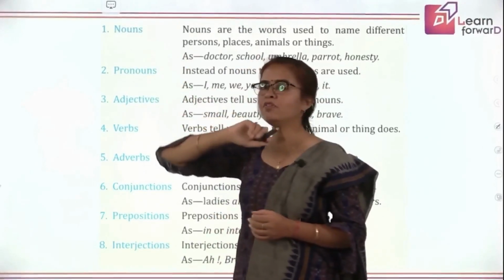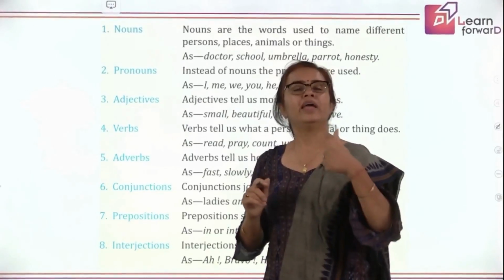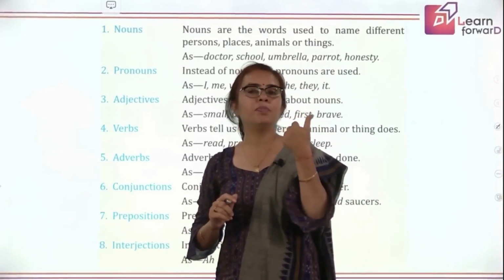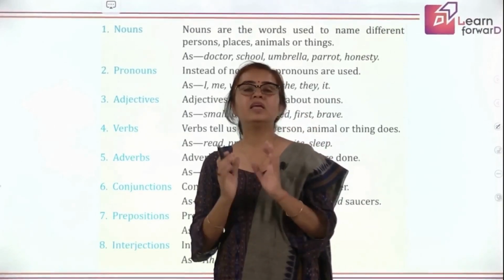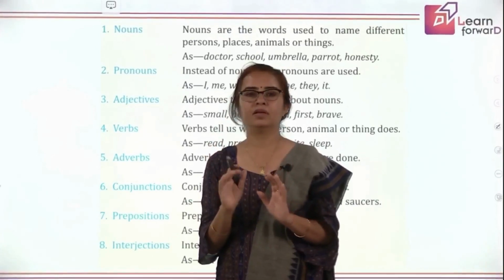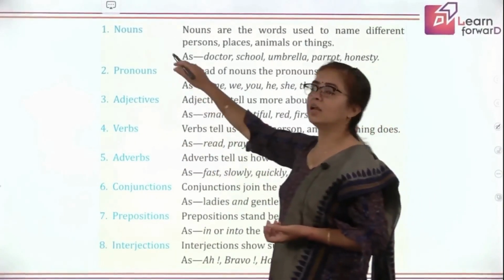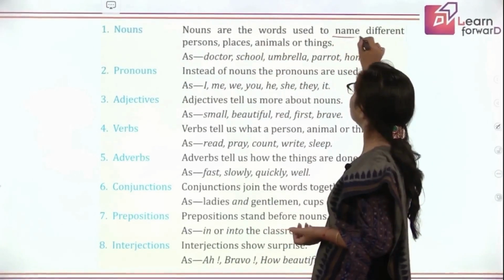Do you remember we have already done nouns in grade 1? What are nouns? In a few words, nouns are simply naming words. What are they? They give a name. You can name anything, anybody around, and they are nouns. So nouns are used to name.